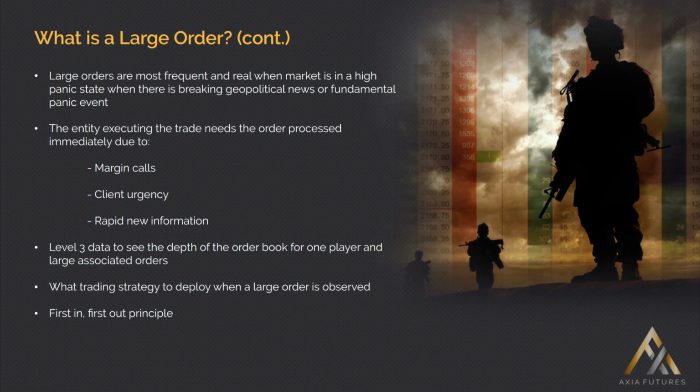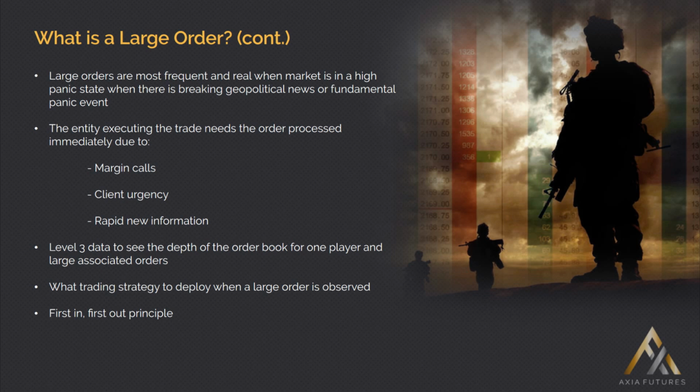Also, if there's rapid new information in the marketplace, if all of a sudden inflation figures spike and the bond markets start gyrating and become very volatile, then this is new information, and then you get these large orders. And then level 3 data, just to let you know, lets you see the depth of the order book for one player and large associated orders.